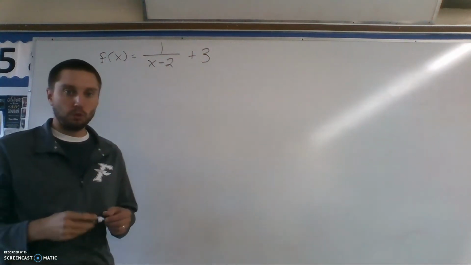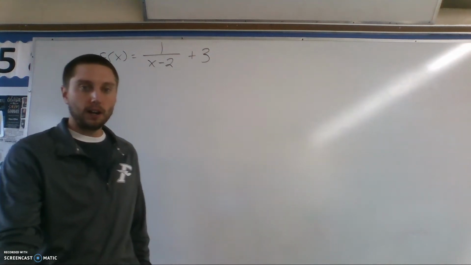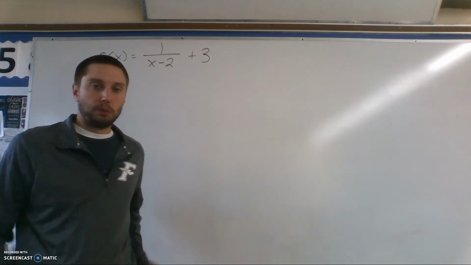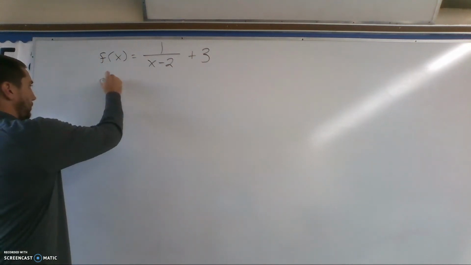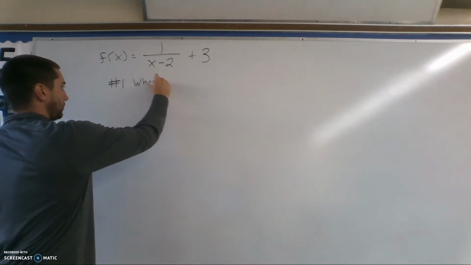Okay, so f of x equals 1 over x minus 2 plus 3. So I'm going to ask you to pause and see if you can graph this with no calculator. So remember, what's our order of operations? So the first thing is, who's my parent function?